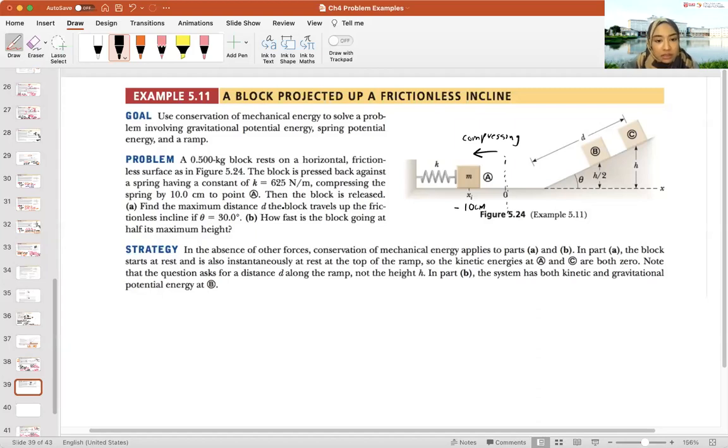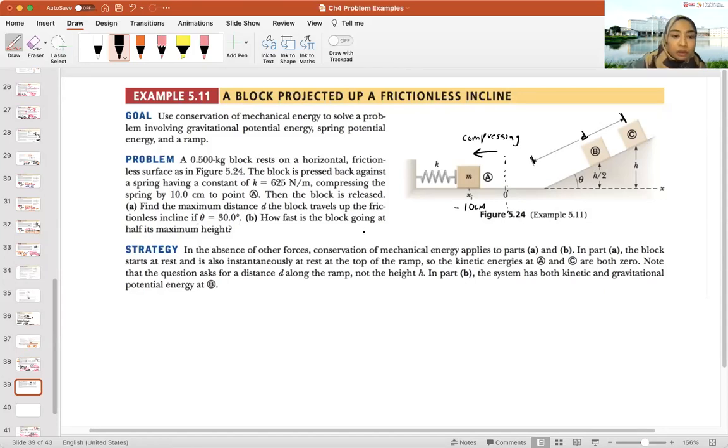Find the maximum distance d the block travels up the frictionless incline. So dua-dua ni frictionless. So this guy over here is frictionless. Up here it's also frictionless. Find the maximum distance d. So it's asking us to find this d over here. The block travels up the frictionless incline if theta is equal to 30 degrees.